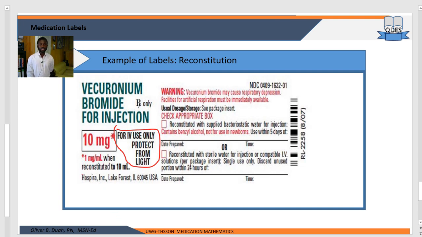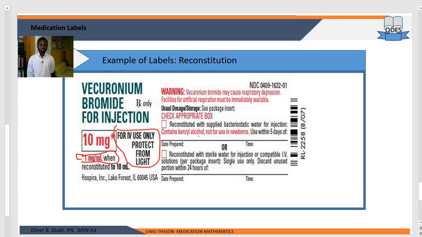And then it tells you that you are going to get a formulation of 1 milligram per ml when you reconstitute with 10 milliliters of whatever liquid solution that the manufacturer instructs you to use.